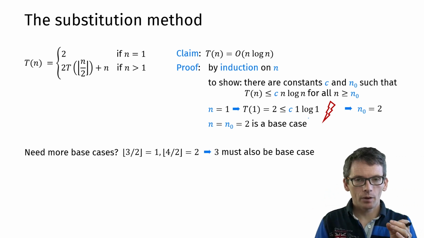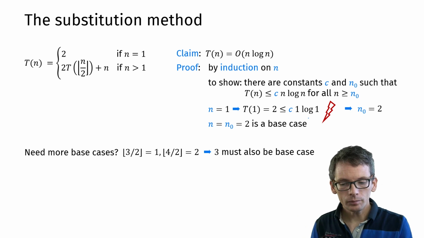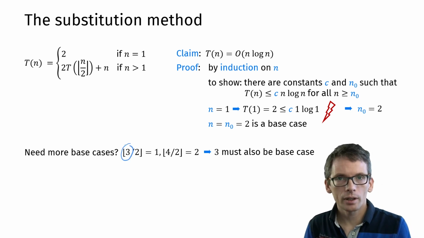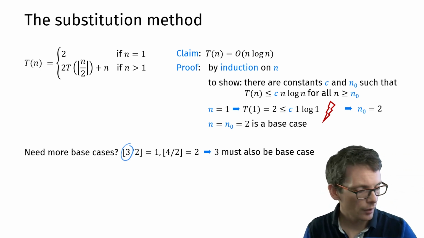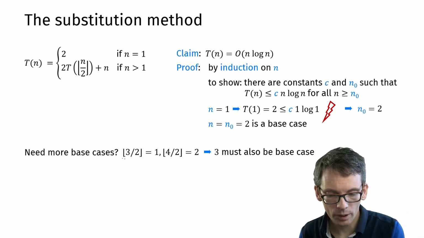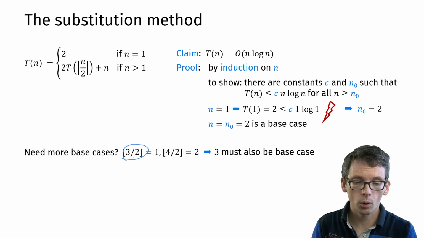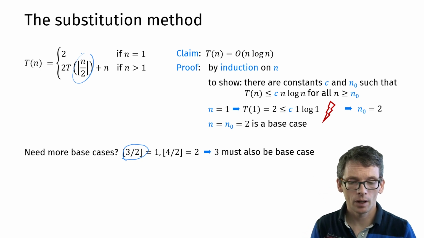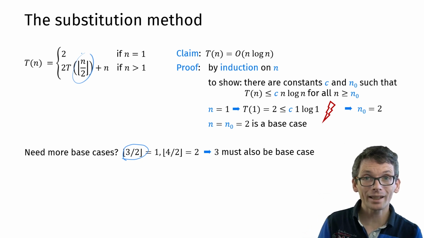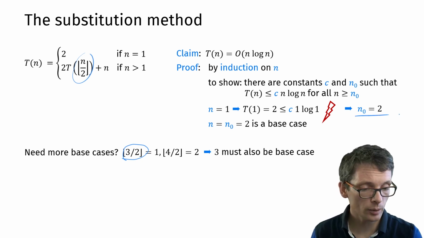So, for the case of 3, if I would want to use the induction hypothesis for 3, then I would have to know that the induction hypothesis holds for 3 divided by 2 rounded down, because that is what we have here. But 3 divided by 2 rounded down is 1, and n is 1 is actually a case that we're excluding. We're starting with n0 as 2.